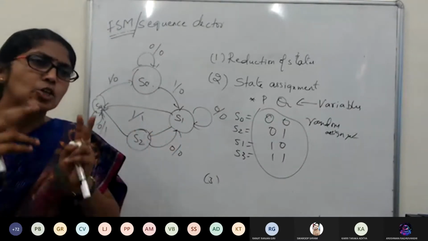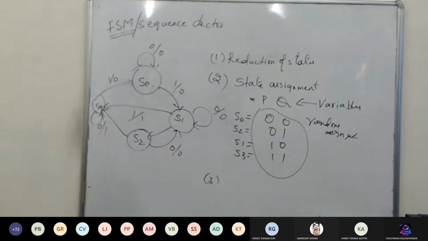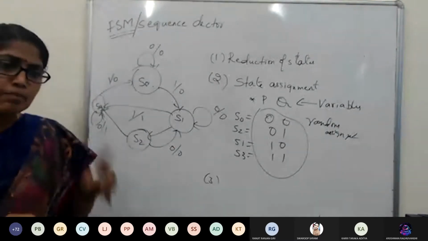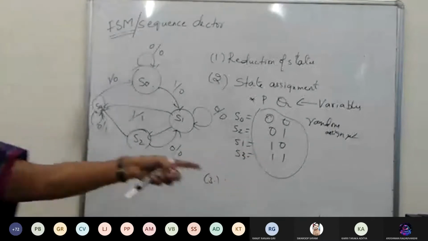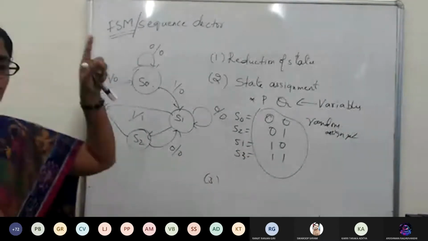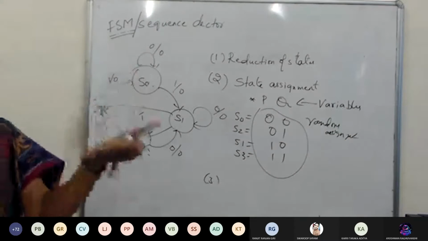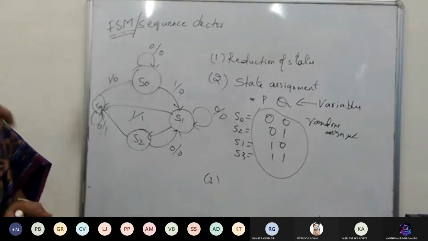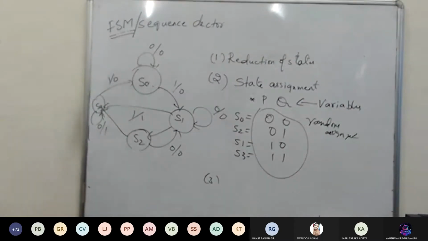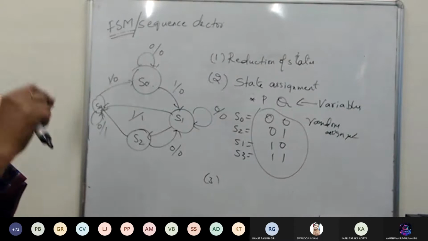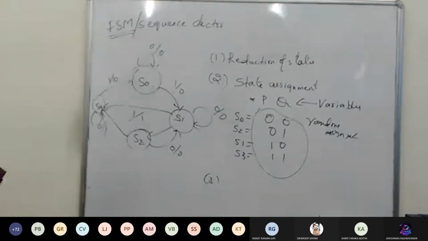Afterwards you use the state equations to reduce using K-maps. That means we go back to the K-maps, and if you use the boxes with a 1-bit variation, it helps to reduce the complexity of the hardware.